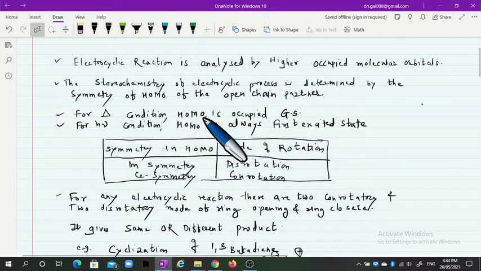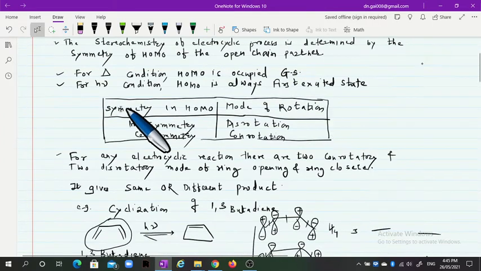For thermal condition, the HOMO is considered as the ground state, and for photochemical condition, the HOMO is always the first excited state, because in thermal condition no excitation of electron is there. Therefore, for thermal condition we consider the HOMO present at the ground state.